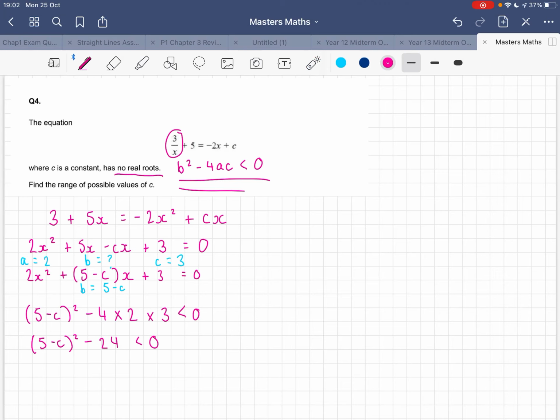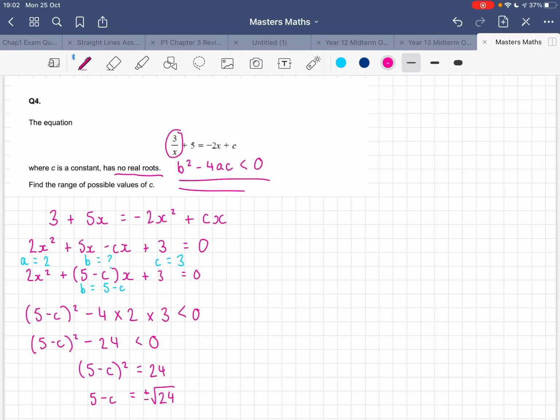So to do that, I'm going to add 24 over to the other side. I'm going to change it to an equals for now and solve it as if it's an equation. I'll explain why in a second. Then I'm going to square root, plus or minus the square root of 24. And that is why I've changed it to an equals for now.